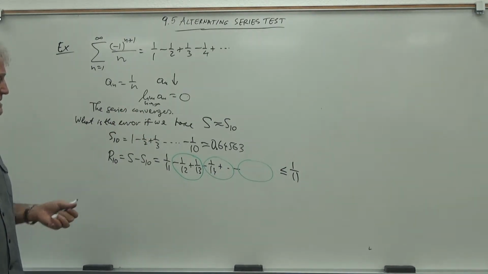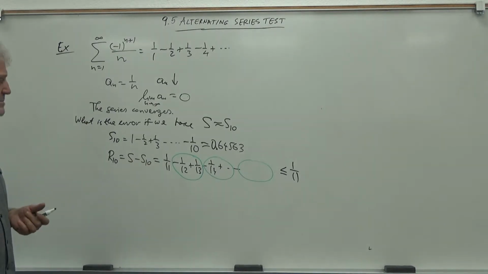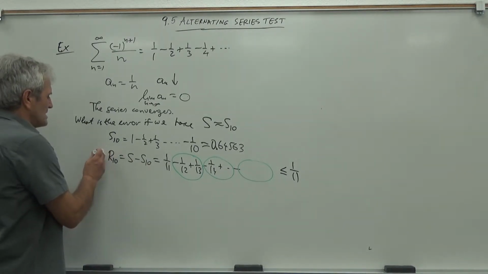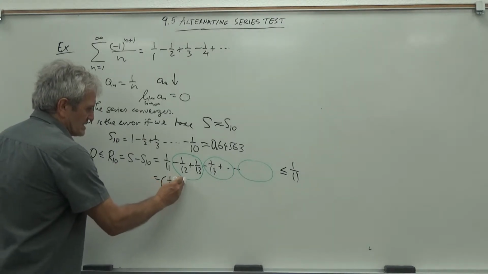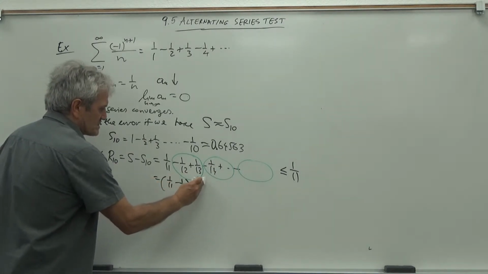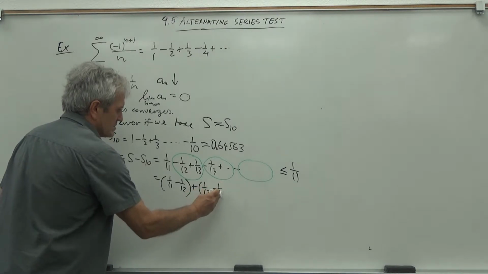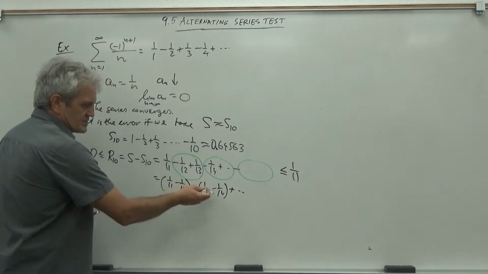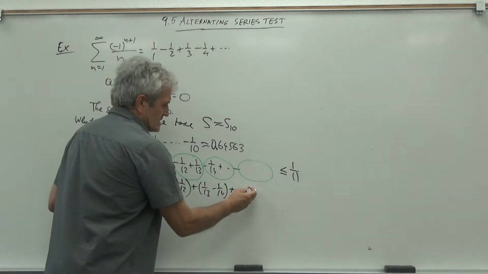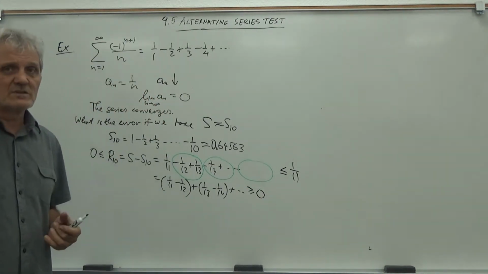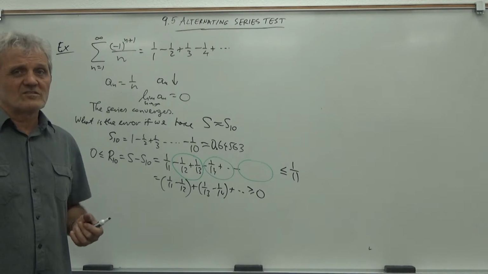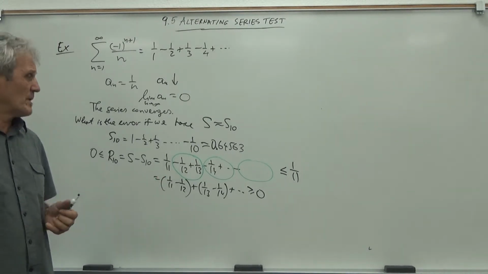But in this case, because the first omitted member is positive, R10 is greater than or equal to 0. Why? Because if we rearrange it like this, pair big and then small, big and small, then obviously each of them is not negative, so it's greater than 0. So when your first omitted member is positive, your error is positive, but less than that omitted member.